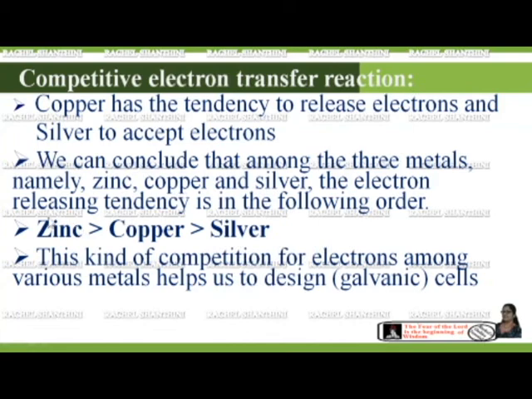That is, zinc has a higher electron releasing tendency when compared to copper, and copper has a higher electron releasing tendency when compared to silver. This kind of competition for releasing electrons among various metals helps us to design galvanic cells, and we will study about galvanic cells later.